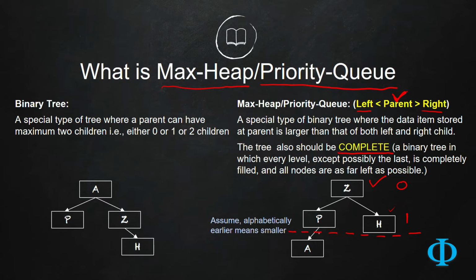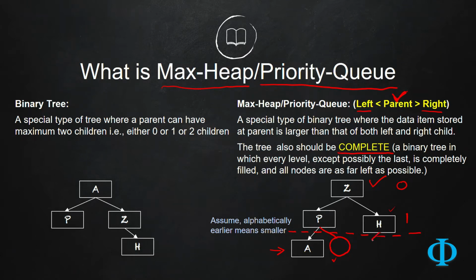Now in the leaf level, I mean in the last level, there are several empty spots. So let me first show all the empty spots by drawing a circle. Since it is a binary tree, we have an empty slot as the right child of P is empty here.